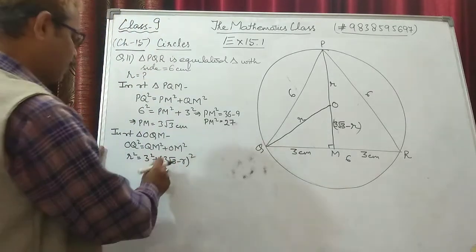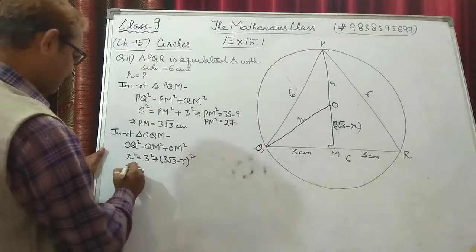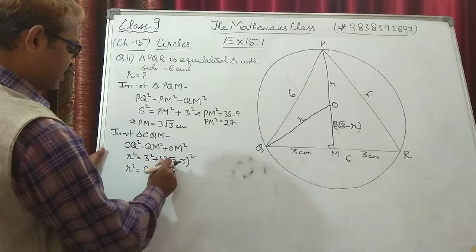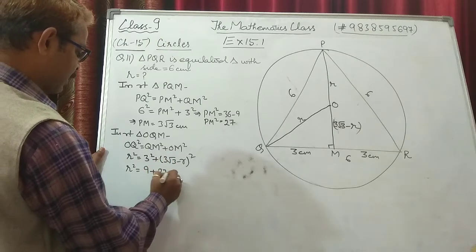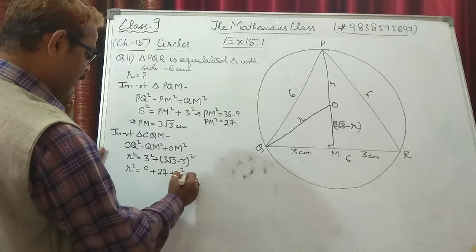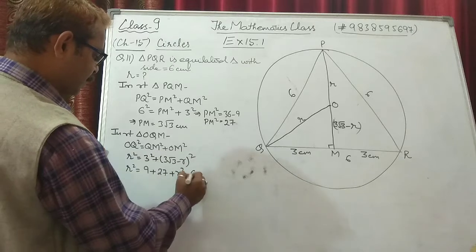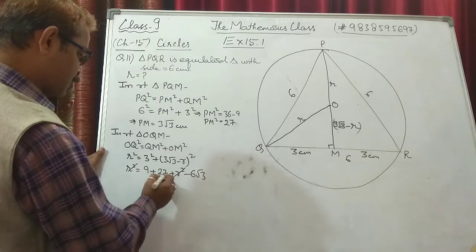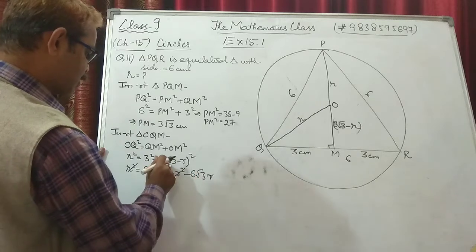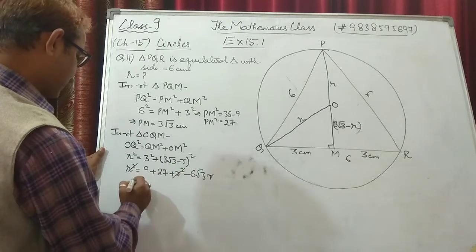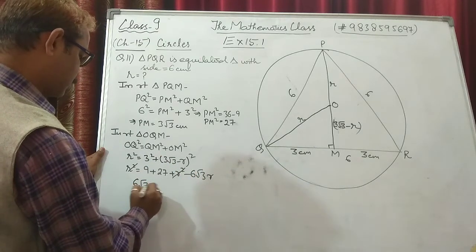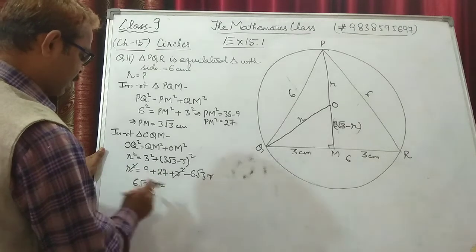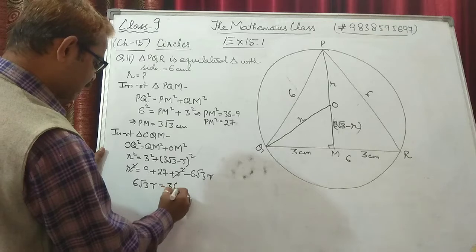We will open it according to (a minus b) whole square. So R square is equal to 9 plus 3 3s are 9, 9 3s are 27, that is a square plus b square minus 2ab: 2 3s are 6 root 3 into R. So R square and R square cancel. This 6 root 3 R comes to the other side: it is equal to 9 plus 27, which is 36.